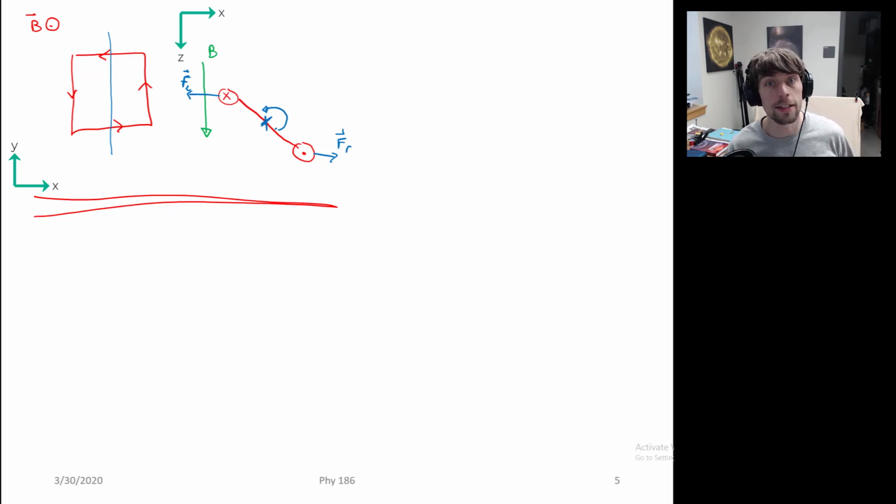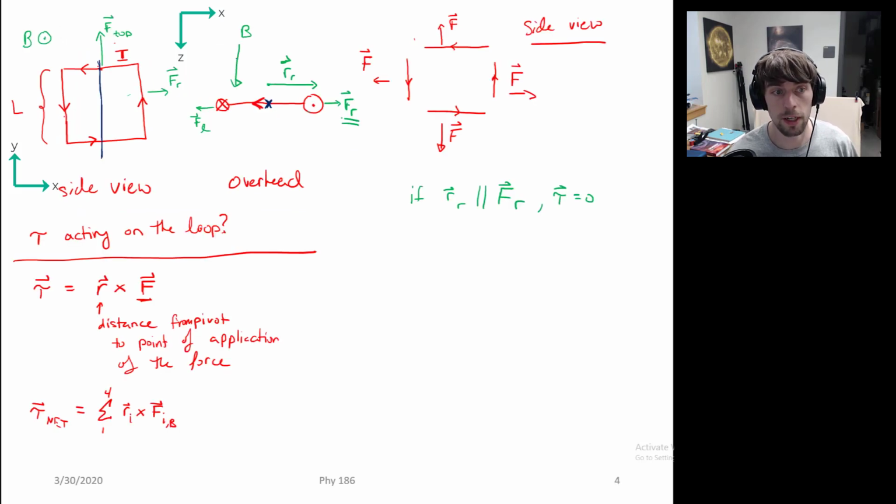And I should highlight that net torque is acting in order to get the face of the loop to be parallel to the magnetic field. In other words, the n hat of the loop is parallel to B. That's what the torque is going to want to do. Notice here n hat is already parallel to B.